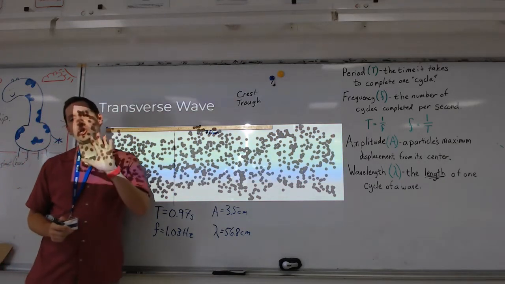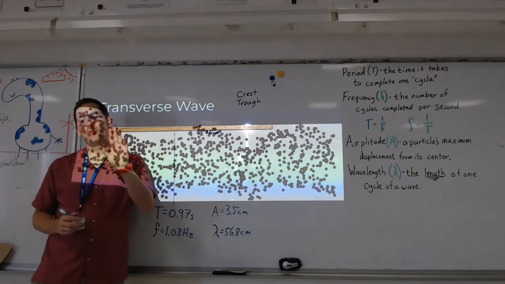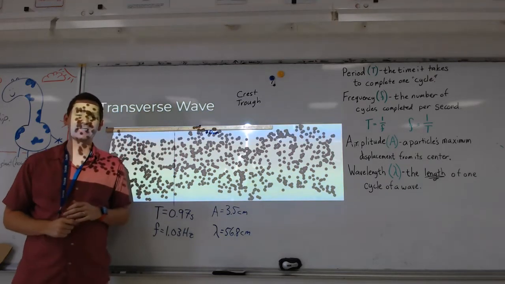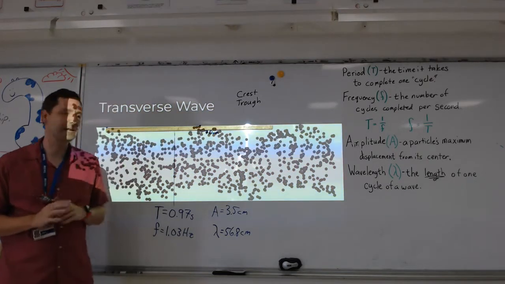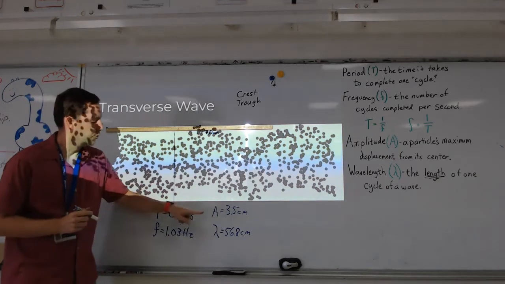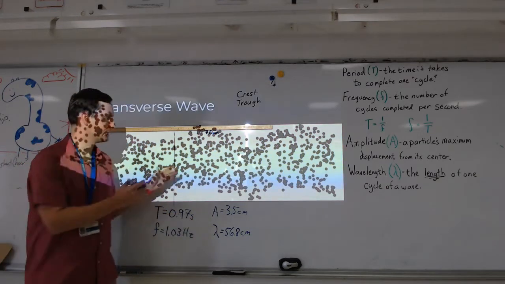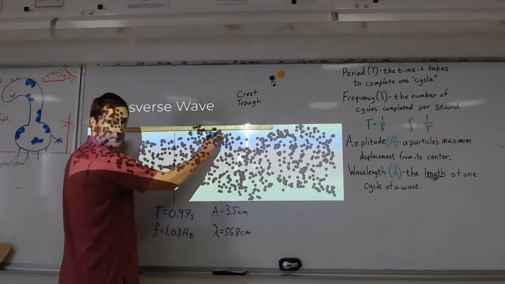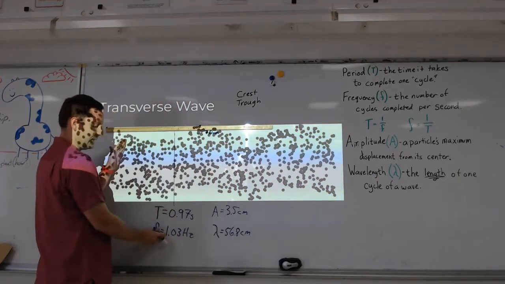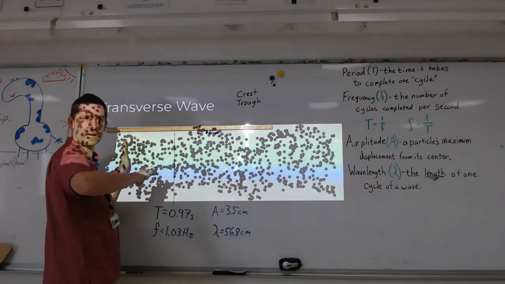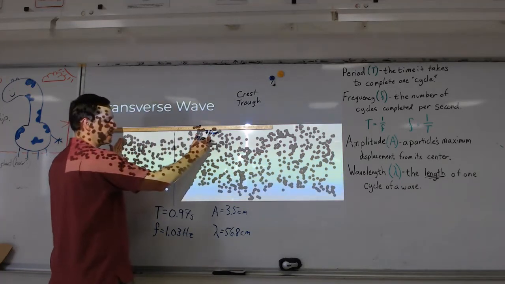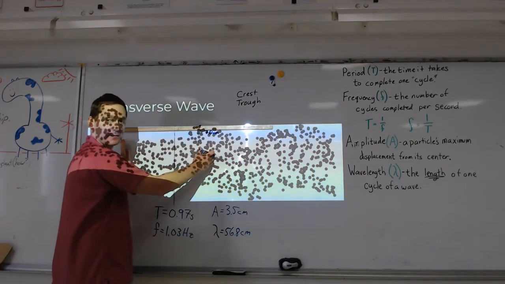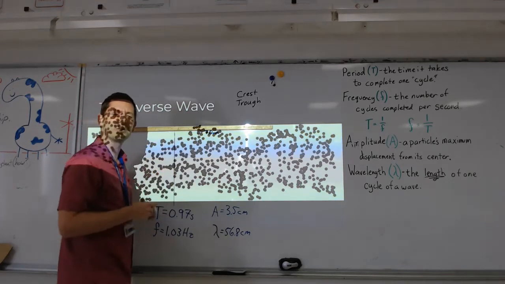Now, I want to show you one last thing before we move on to the next segment of this. This is kind of a neat thing. The wavelength is how long the wave is, right? And that's a length. The frequency is 1/seconds. It's how many waves go through in a particular amount of time. But what happens with the units?